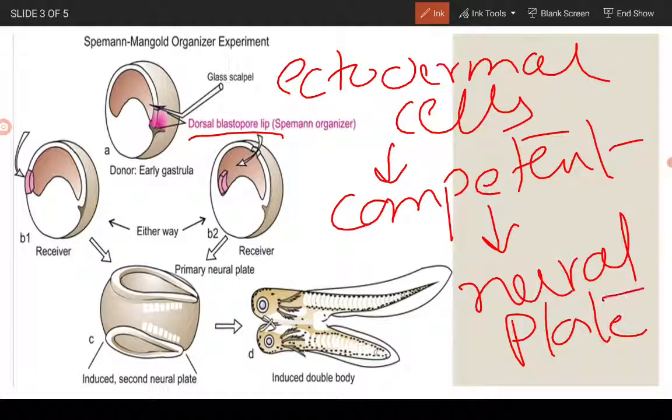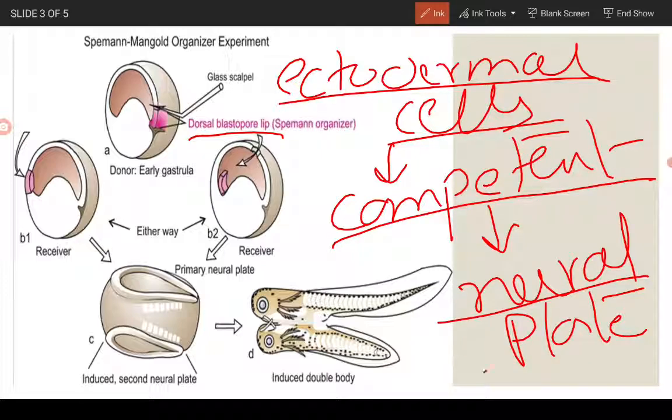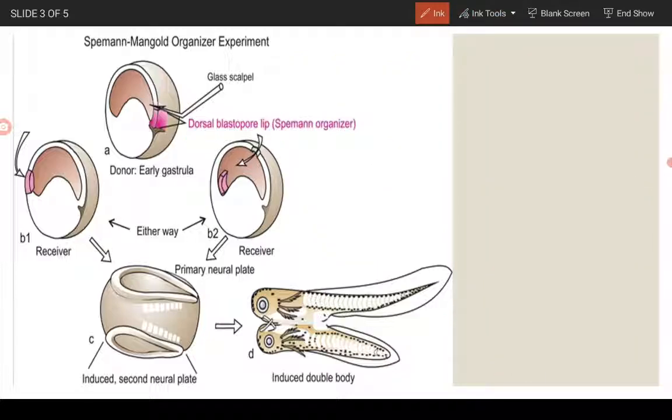Inductive signals from the dorsal blastopore lip come, but the ability to respond to that inductive signal is required for these ectodermal cells so that they are competent enough to form the neural plate. So this is competence, the ability to respond to an inductive signal. The ability of those ectodermal cells to form the neural plate is their competence, right?